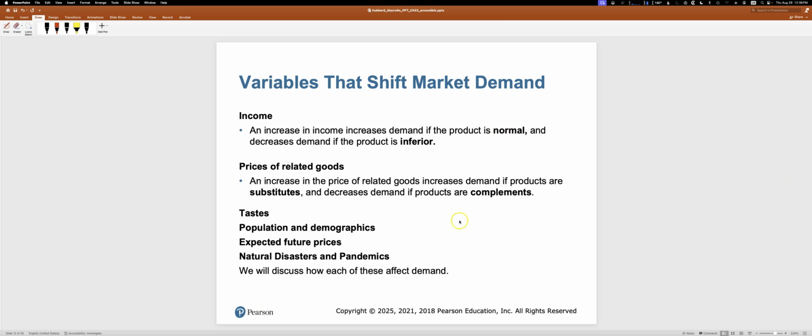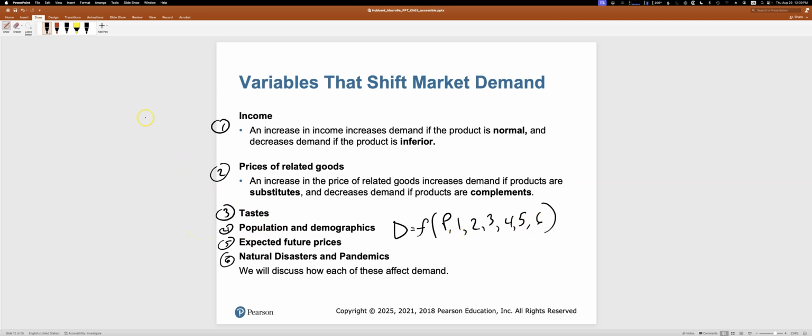So what this means here is that demand is a function of price. And let's just number these to make our life easy here. So I'm just going to number these other variables. It's a function of the price and all of these other variables.